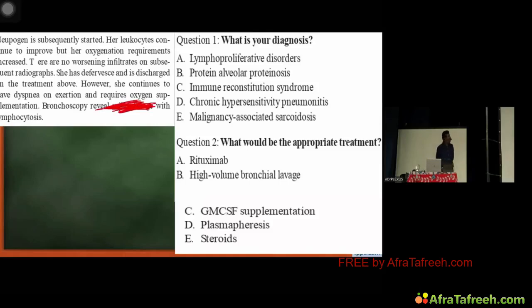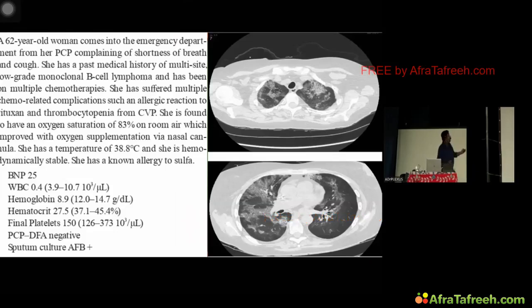If they didn't give this bronchoscopy reveals, then what is the third box you have written? Secondary, what are the causes? Hematological malignancies. So she was having B-cell lymphoma for which she was started on treatment. So it is again telling it is a secondary pulmonary alveolar proteinosis.